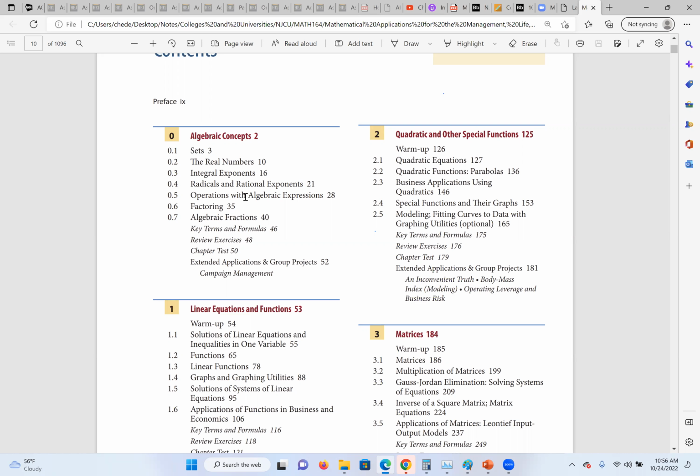If I have 2 or more terms, and the bases are the same, and we are doing division, the rule says that if it's division, we subtract the exponent of the denominator from the numerator. If it's multiplication, we add the exponents together, as long as the bases are the same.